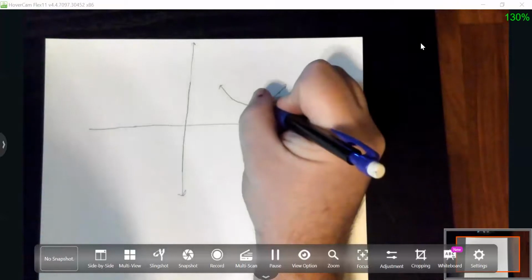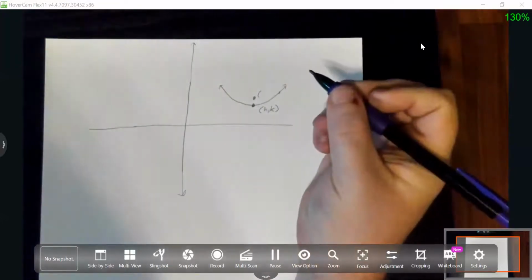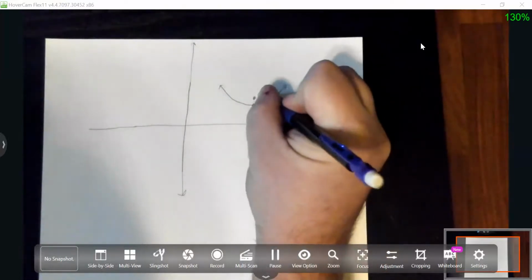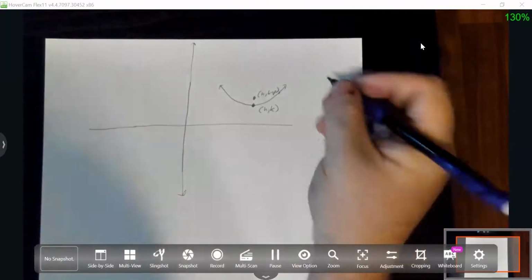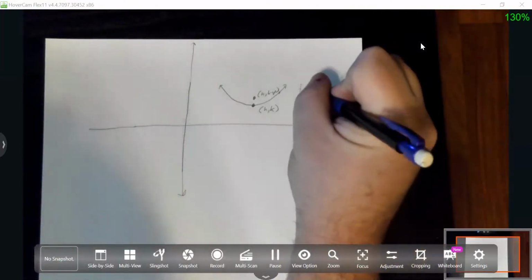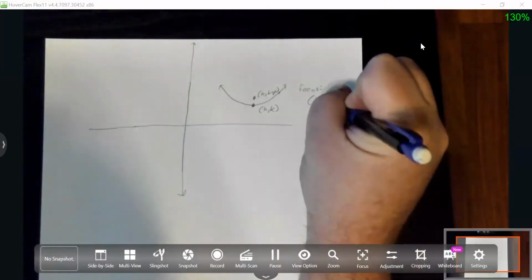We know that the focus would be some distance p above it. So that focus would be found at h, k plus p. And that's a little bit hard to see, so let me write it out a little bit bigger. So my focus is going to be h, k plus p.